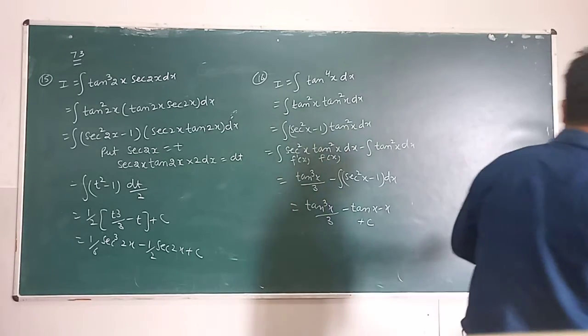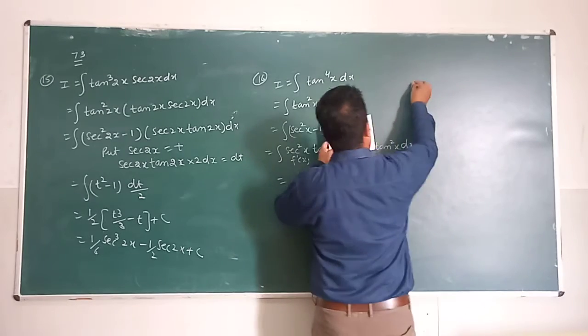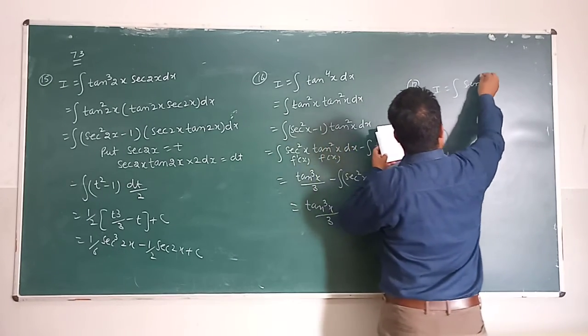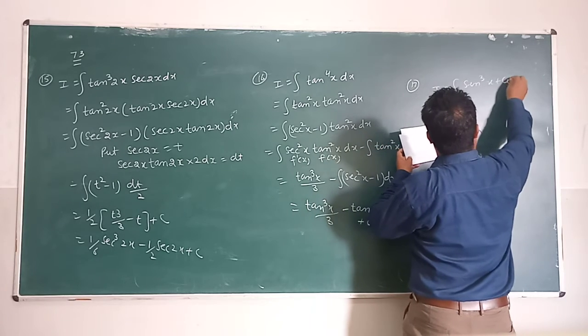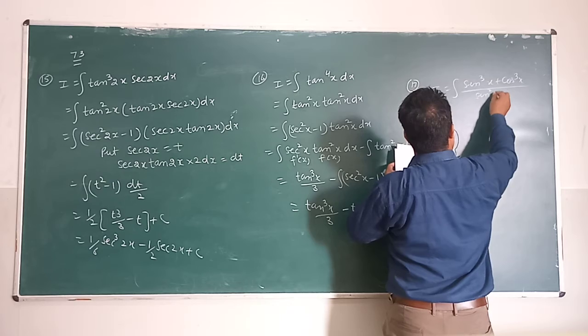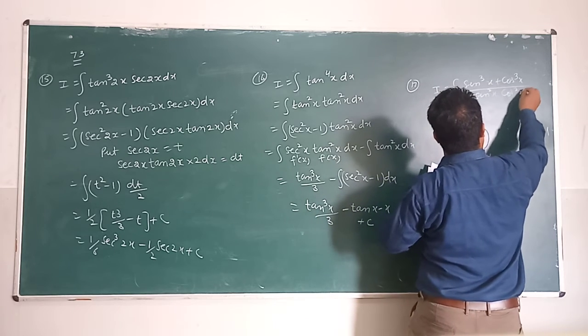In the next question, question number 17, the statement is I is equal to sin cube x plus cos cube x upon sin square x into cos square x.